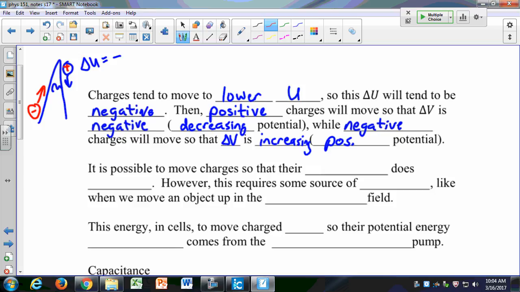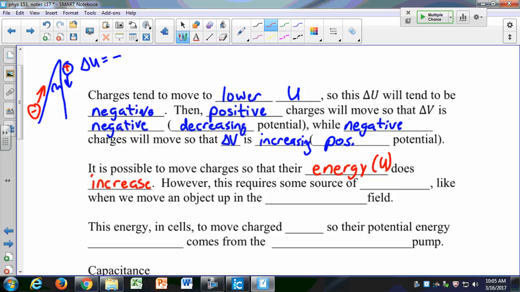All right, it's possible to move charges so that their energy does increase. That's their U. Notice, this is the opposite of what I just said. We just said that charges tend to move to lower potential energy.